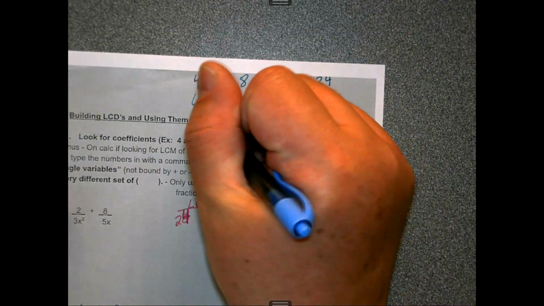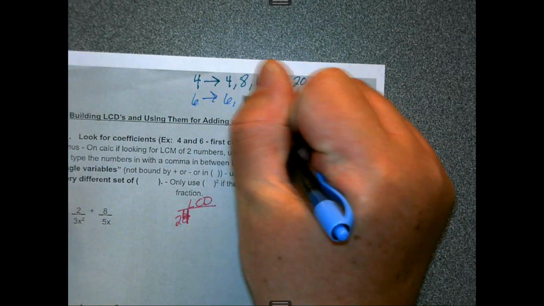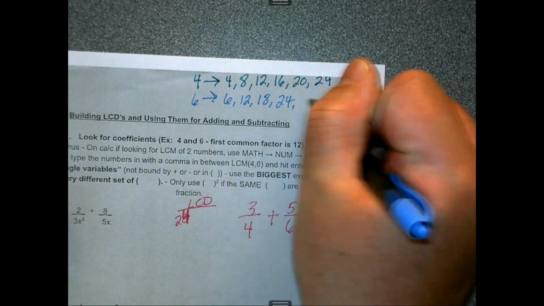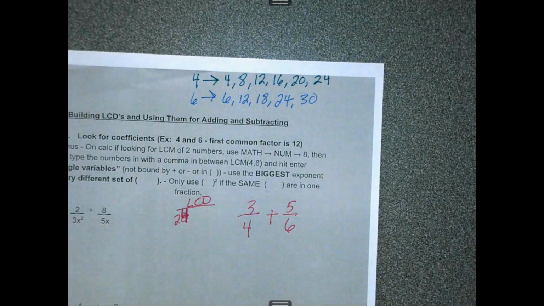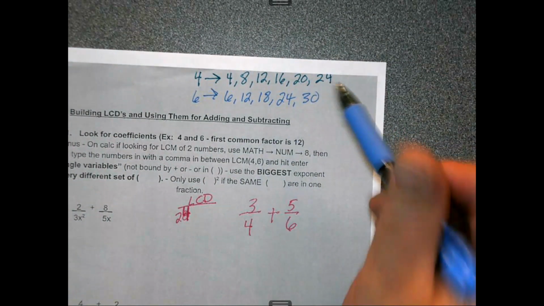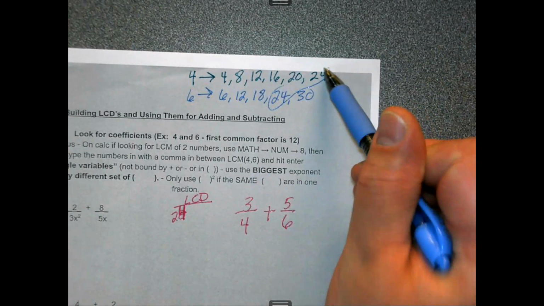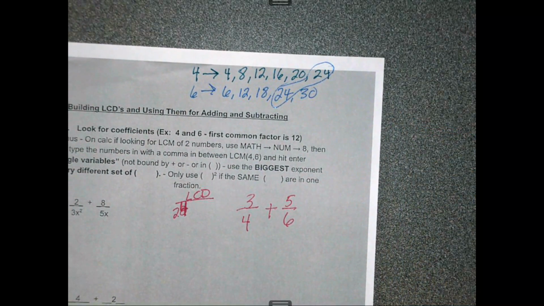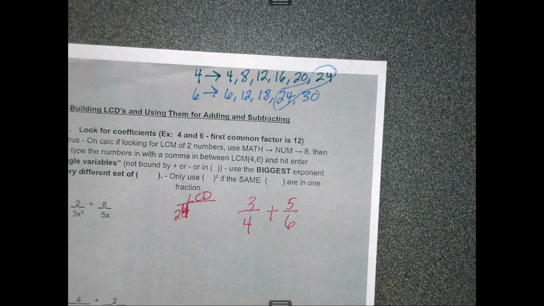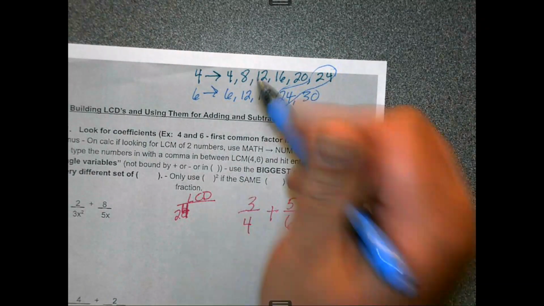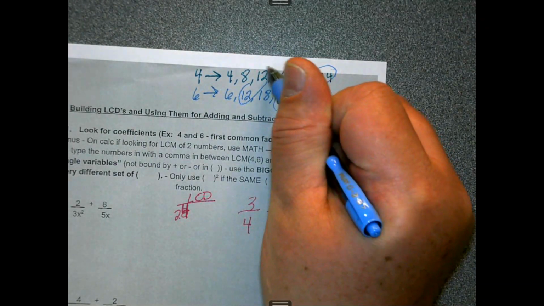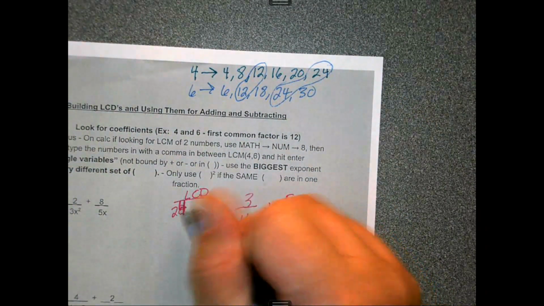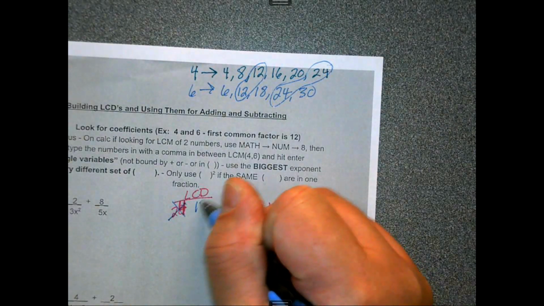Multiples of 6: 6, 12, 18, 24. Okay, 24 is a common multiple for both 4 and 6, but is it the lowest? And it's not. I have a 12 in both of them. That's your lowest common denominator, right? So we don't want to use 24. We want to use 12.